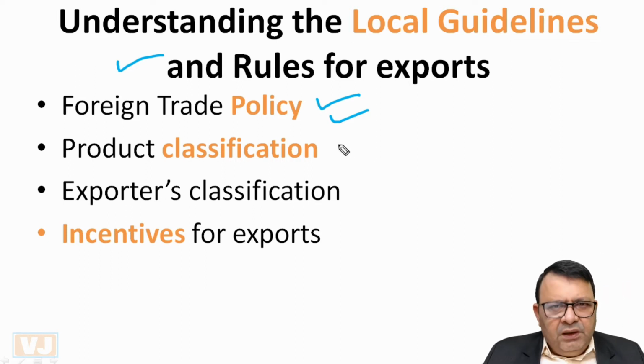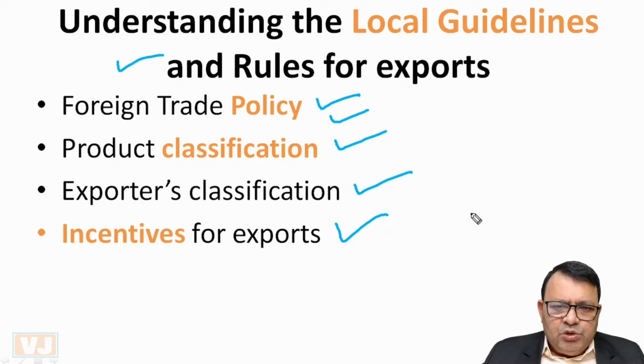The other foreign trade policies are also very similar. And how the local governments classify products, which standard they use, whether they use the international trade classification or harmonized system. All these things are discussed in this section. And how do they classify the exporters, and whether they provide any incentives for export transactions. These things are covered in this section, friends.